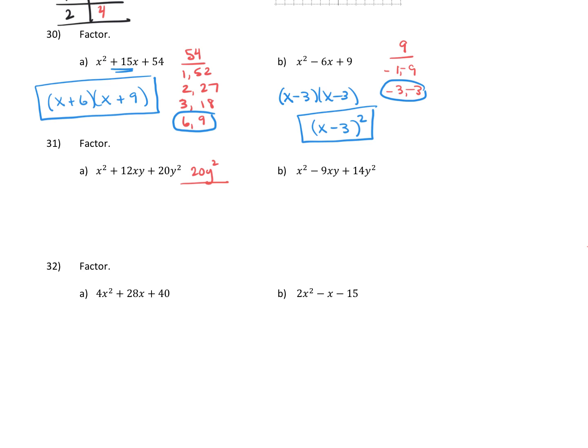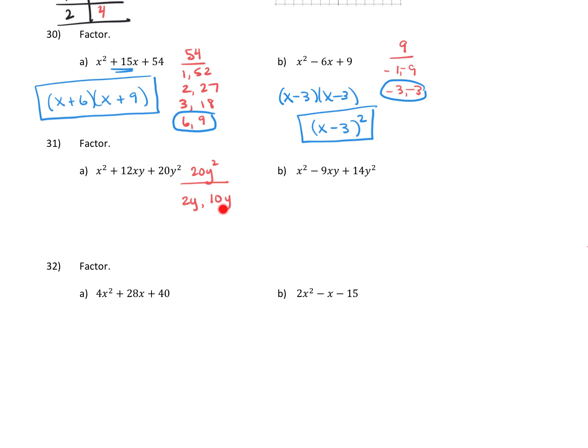So the more that you guys factor, the faster you will get to your factor pairs. So I could write out all my factor pairs of 20, or I might think about it for a second and say, oh yeah, 10 and 2. So I'm going to say 2 and 10, but to get to a y squared, I'm going to say 2y and 10y.